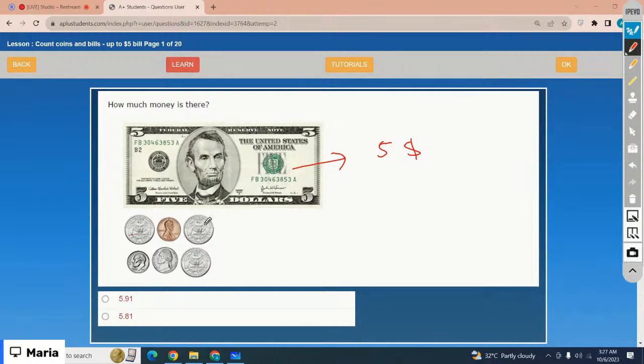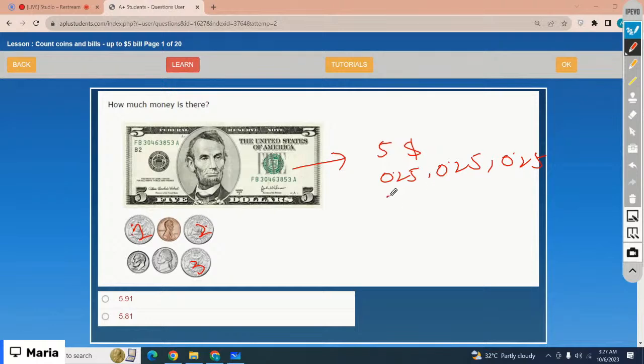You can count one, two, three. You have three quarters. So you can count the quarters by 25, 25 each. This one is 0.25, this one is 0.25, and this one is 0.25.